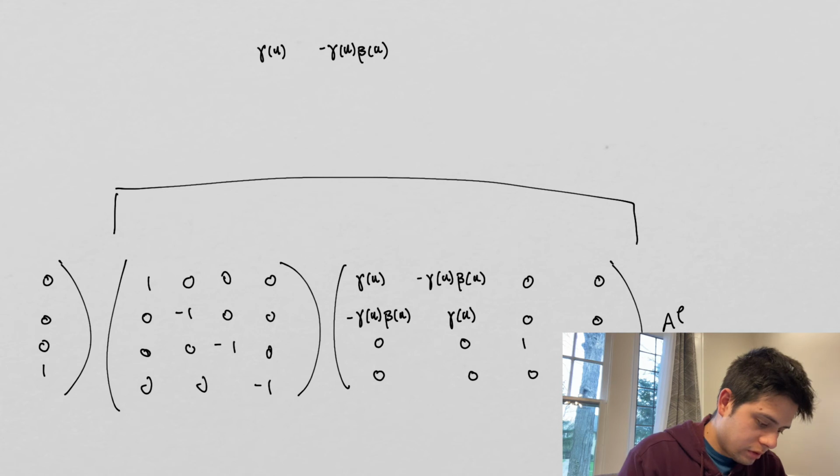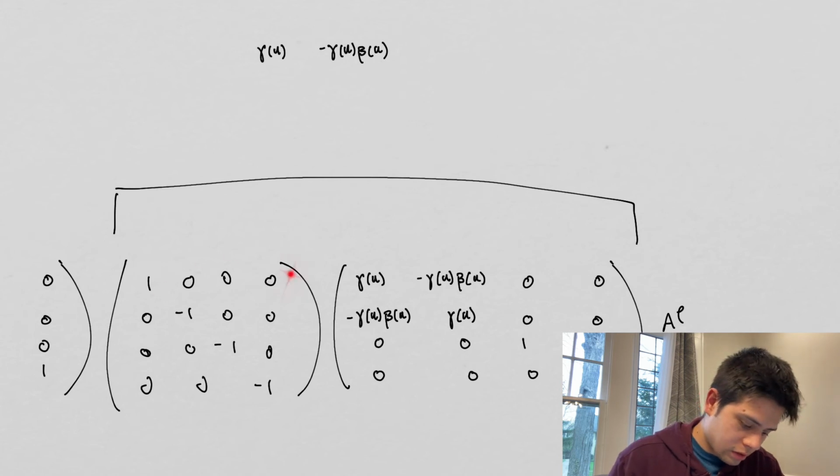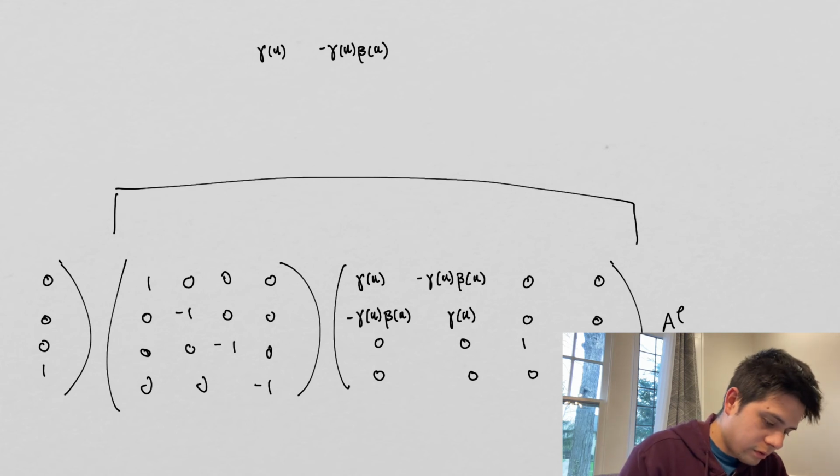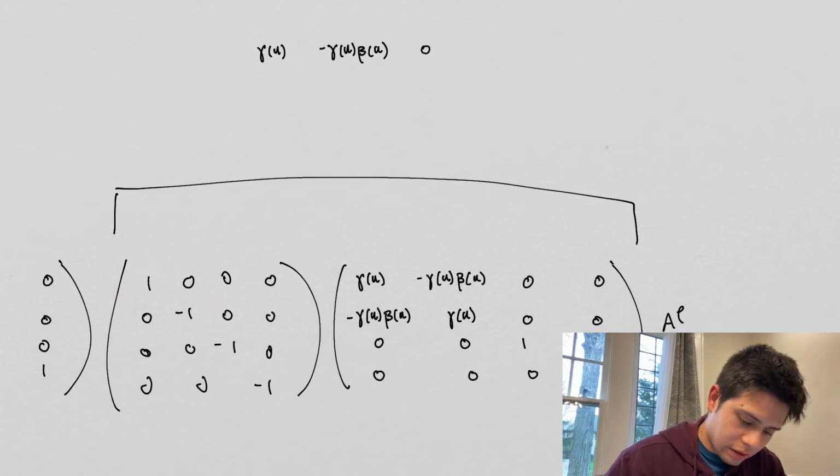And then we want a point. I'm going to do this times this one, and that's again just going to be zeros all over the place. And then this one times the last one, that's just going to be zeros, right?